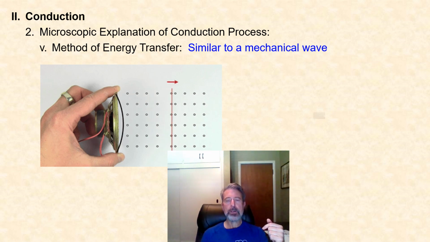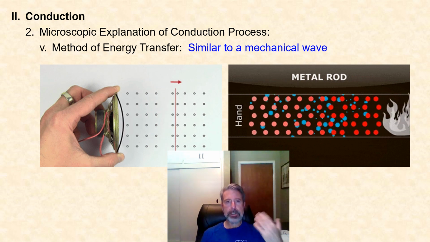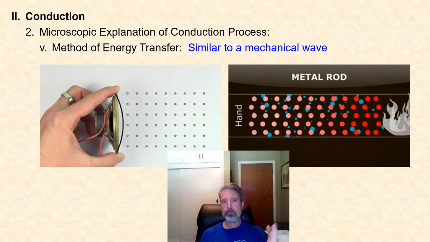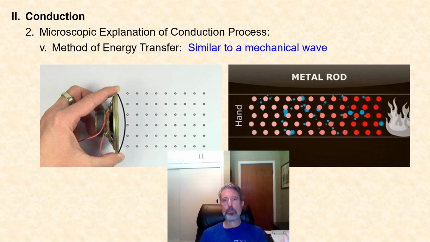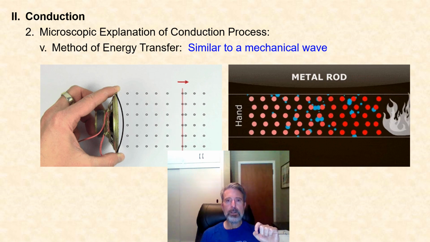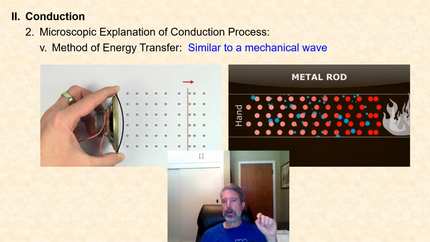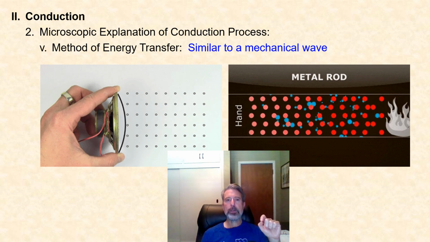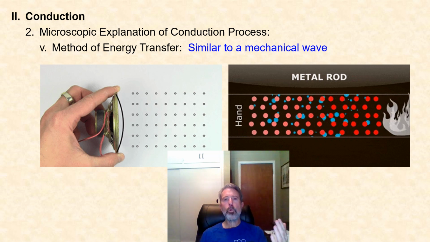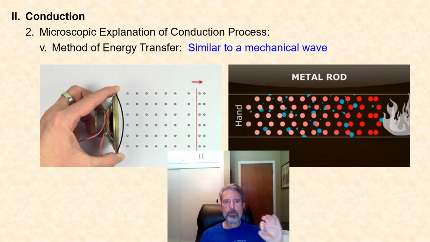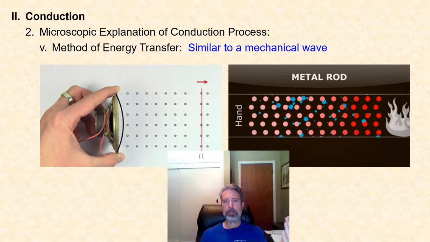wave. I would say that the only real difference between these two methods of energy transfer, that is between the mechanical wave and energy transfer via thermal conduction, is that the vibrating object causing a mechanical wave involves a very regular, periodic, ordered motion, so that the particles in the medium vibrate in a very regular, ordered, and periodic fashion.